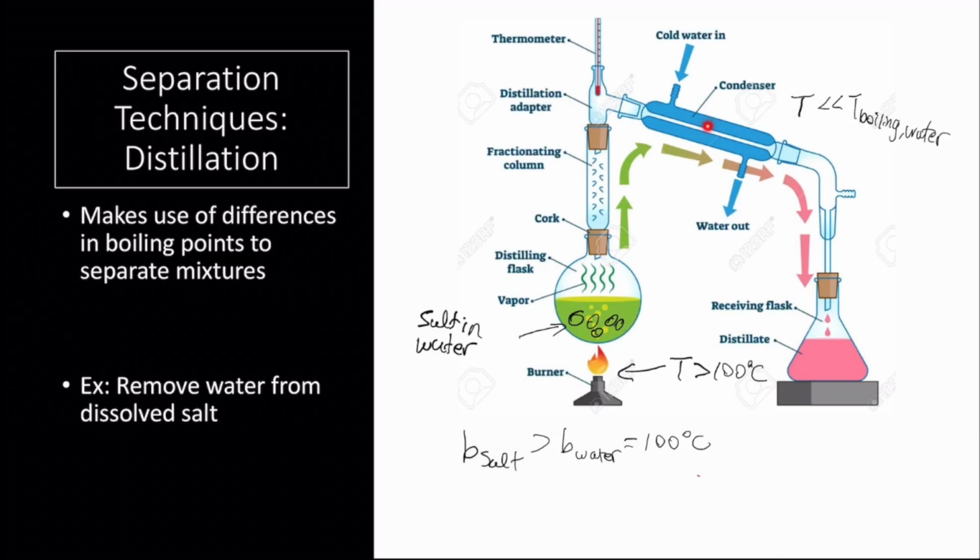So the water vapor will condense back into liquid and be collected into this flask. So here we have water, and because this temperature is less than the boiling point of the salt, then when we cool down this after vaporizing all the water, you will have only the salt left over here, thus separating salt from the water.